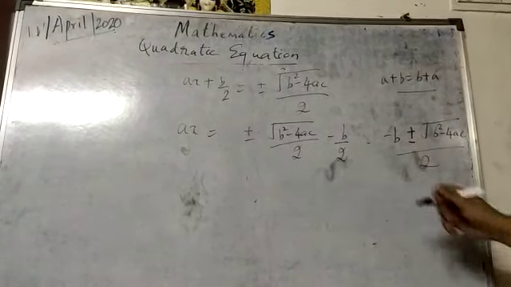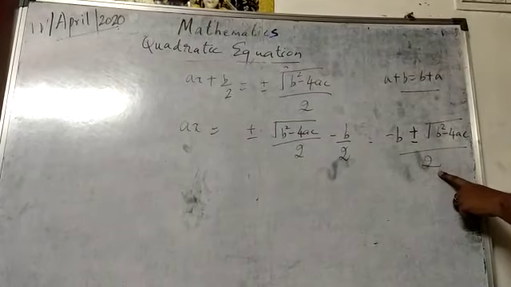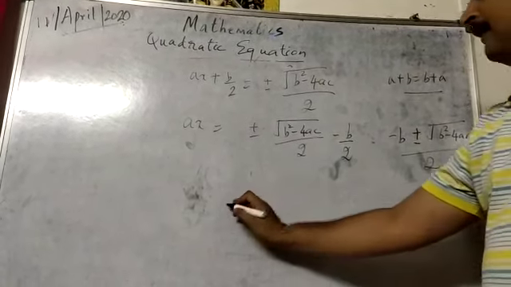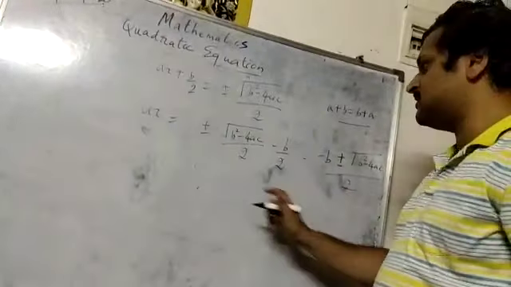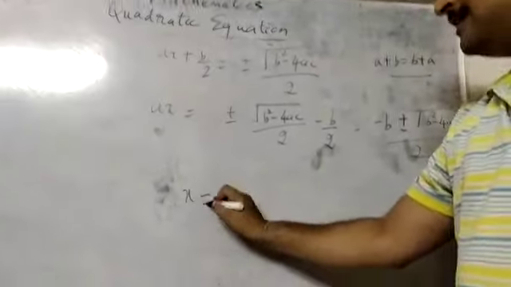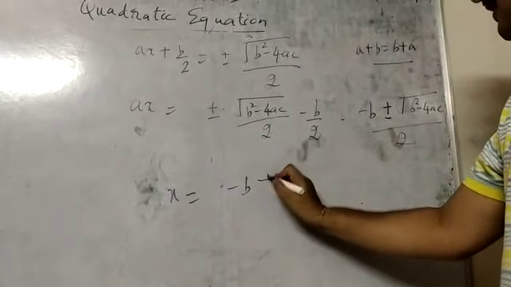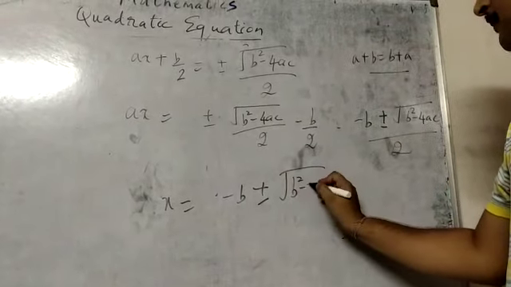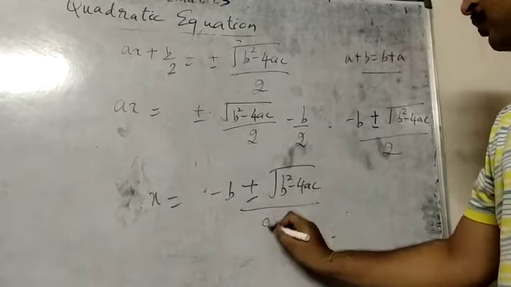Because the denominators are the same, the denominator will have 2. Next we'll transpose this a to the other side. When I transpose a to the other side, it will come in the denominator. So x will be minus b plus or minus root of b squared minus 4ac by 2a.